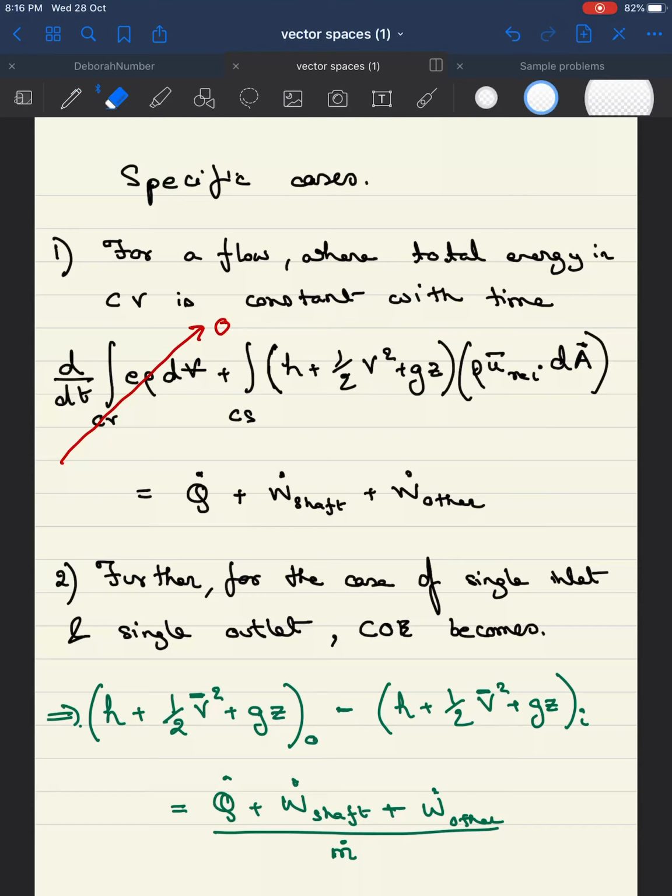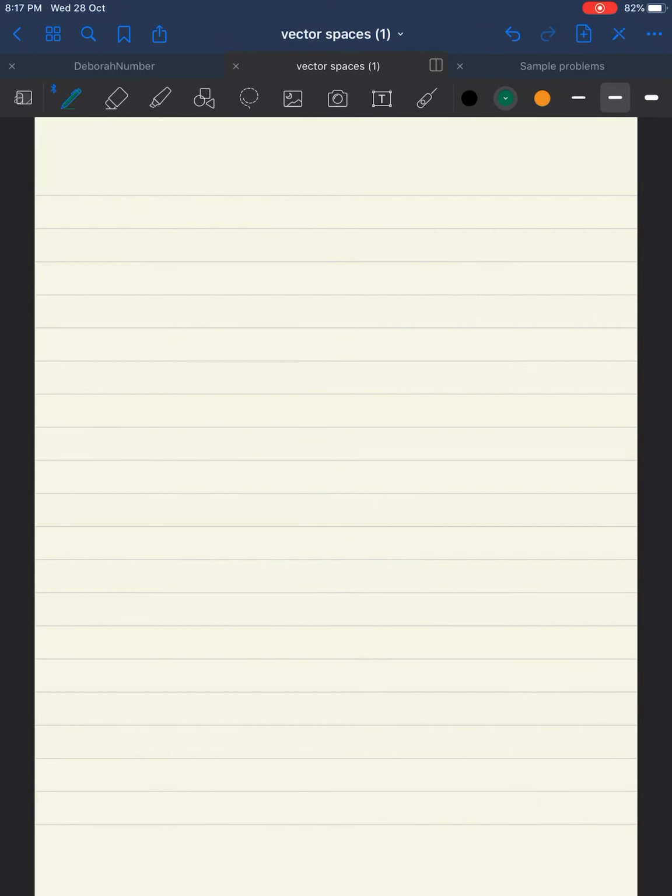And in that case, this term may not exactly be half. So what we will do is introduce the term alpha here, and this alpha will now be called the kinetic energy correction factor.